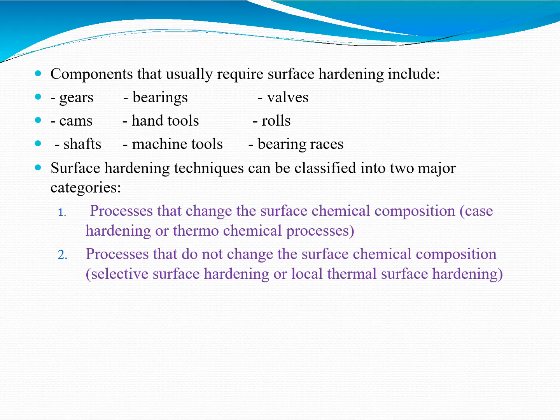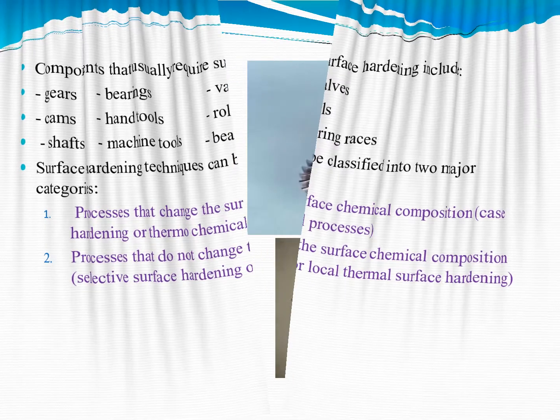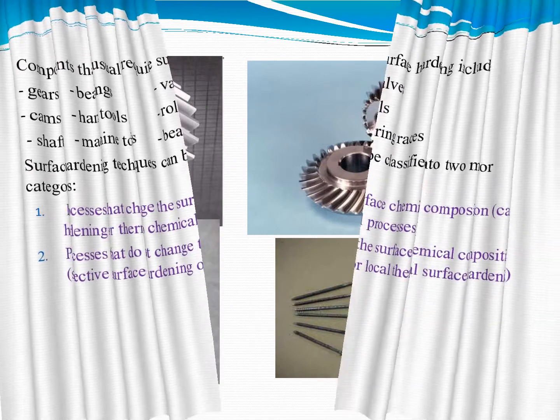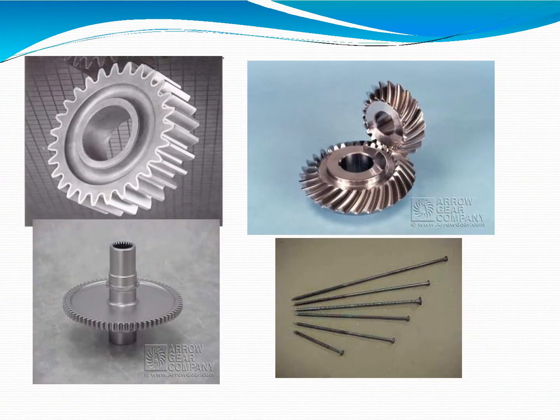Surface hardening techniques can be classified into two major categories: processes that change the surface chemical composition, called case hardening or thermochemical processes, and processes that do not change the surface chemical composition, called selective surface hardening or local thermal surface hardening. These are cutting tools whose surface has been hardened.